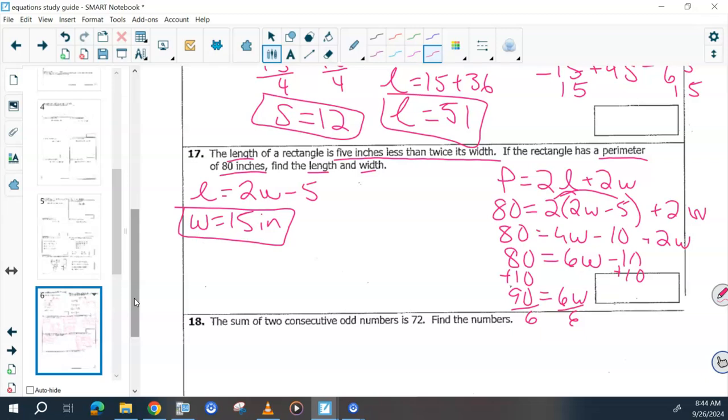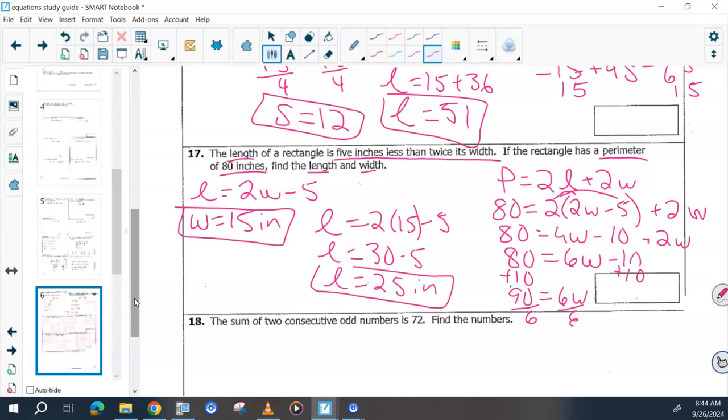So you could put this in for L and then figure that out. I'm sorry, for W. Or put that in here. I'm just going to put that in here. The L is 30 minus 5 or 25 inches. Questions on that or other questions?